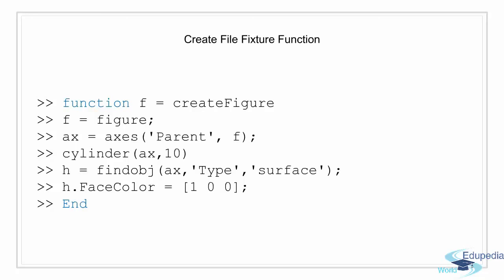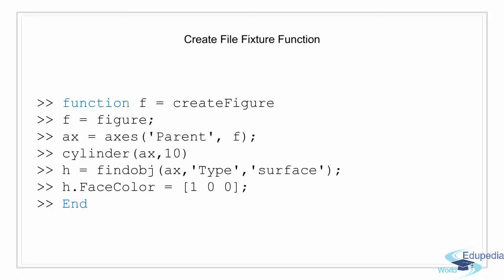In this example, a helper function will create a simple figure that is a red cylinder. In a more realistic scenario, this helper function code is part of the product under test and is computationally expensive, thus motivating the intent to create the figure only once and to load independent copies of the result for each test function. For this example, however, I will create this helper function as a local function in axisPropertiesTest.